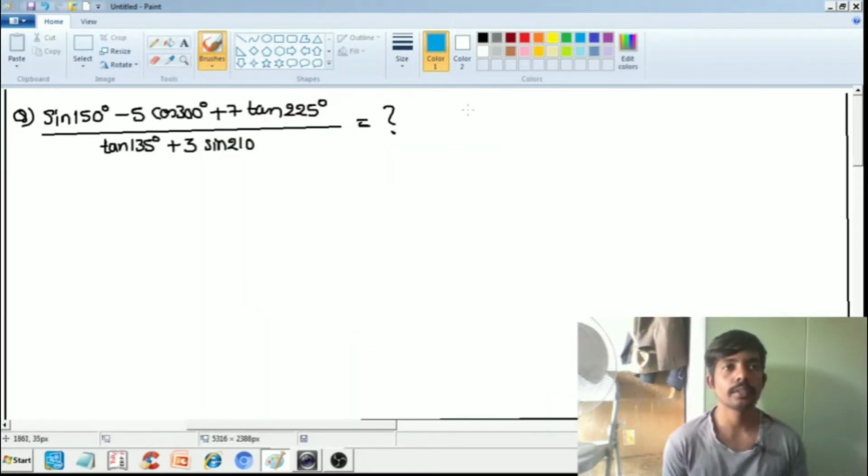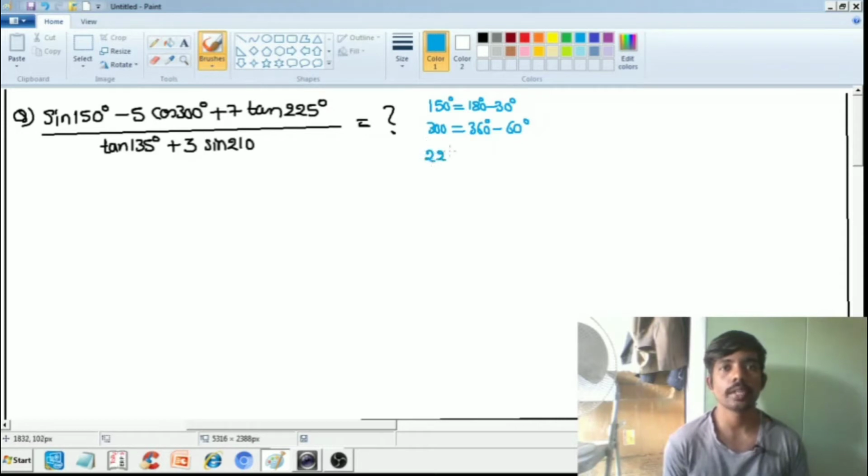In the second question, this is the second question. Next, sin 150. Here 150 can be written as 180 minus 30 degrees. Here 300 can be written as 360 minus 60 degrees.